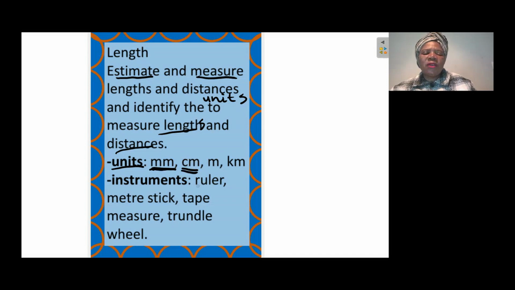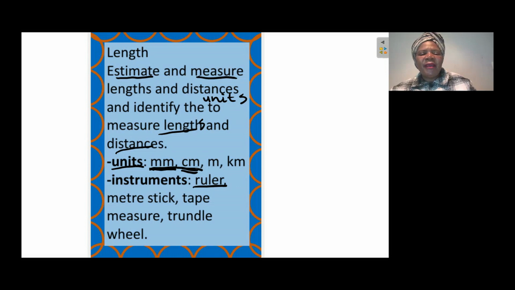Your ruler that you use, which can fit in your school bag, that ruler which you use to underline and to rule off your work. So we have got 2 units which are shown there, the millimeter and the centimeter.